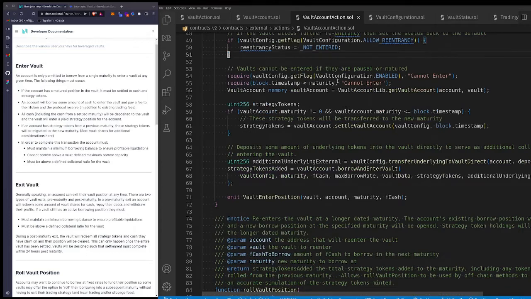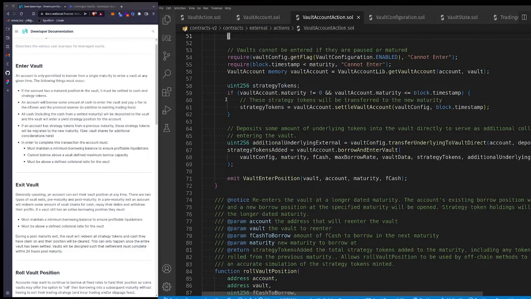Then we check some other basic requirements here. We won't talk about settlement in this video, but when vaults have a matured position, they will first be settled.